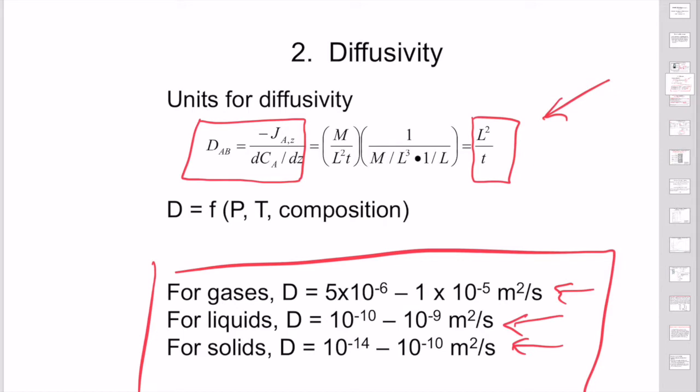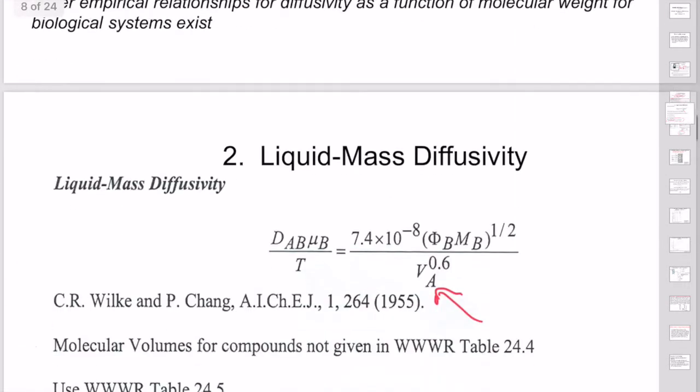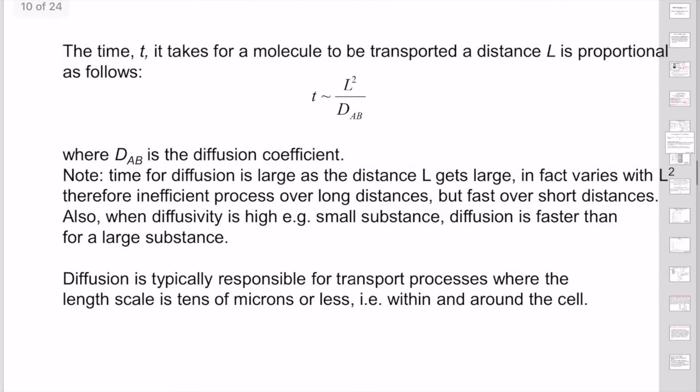Okay. Diffusivity has dimensions of length squared over time. And so if you move that around, that means that some characteristic time is length squared over the diffusivity, just by moving units about.